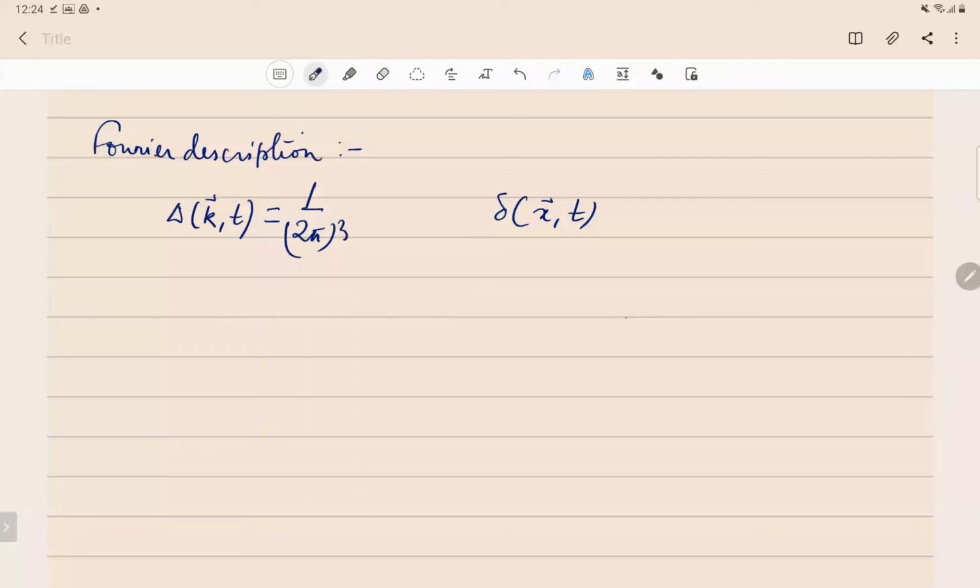We'll use this definition of Fourier transform. This is also the standard definition. First of all, this Fourier transform is in x.